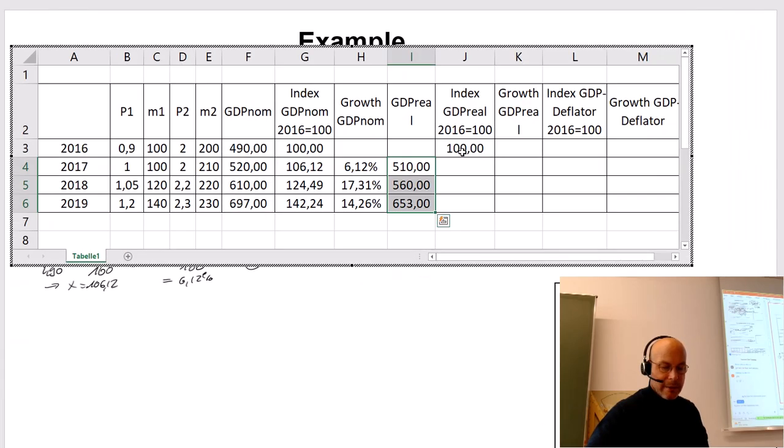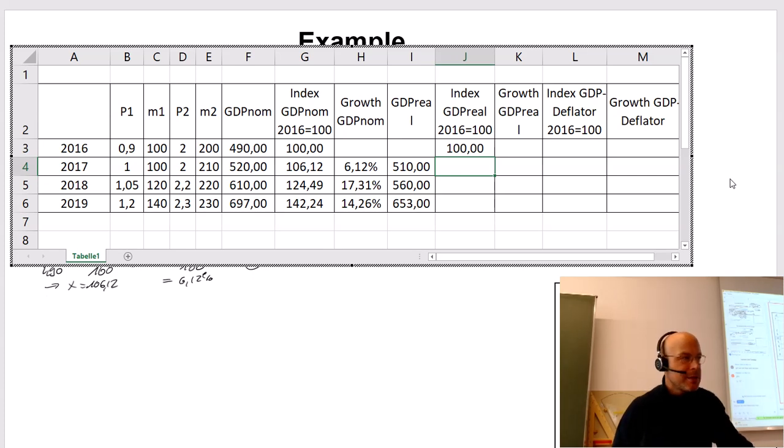So within this cell, I take real GDP of 2017, 510, equals 510 over nominal GDP of the former year, 490, times the real GDP index of the former year, and this is the 100.